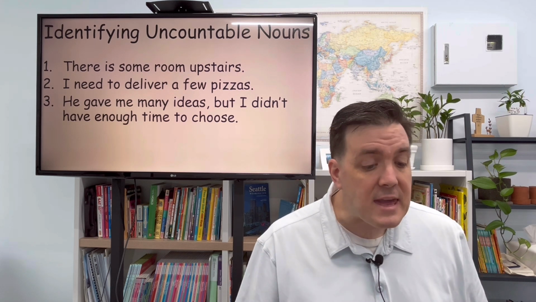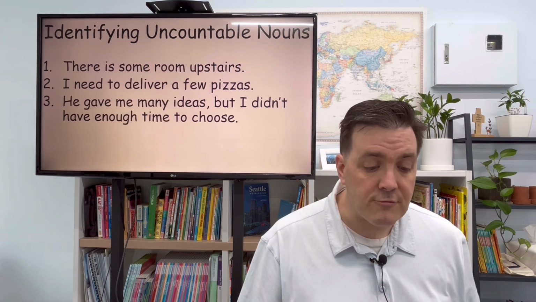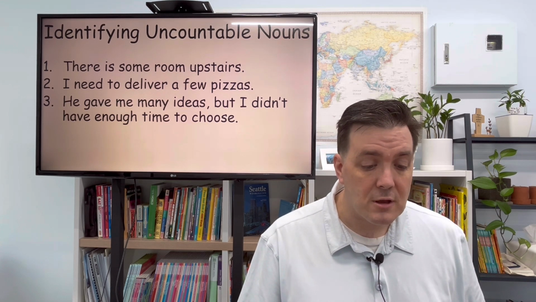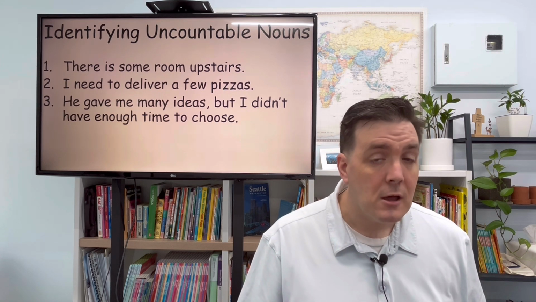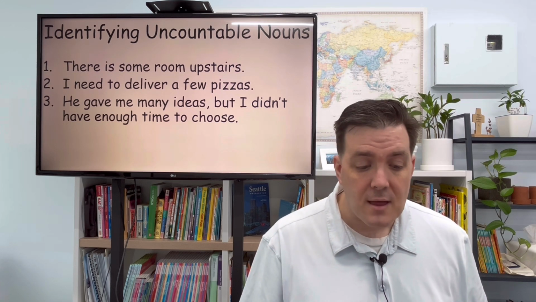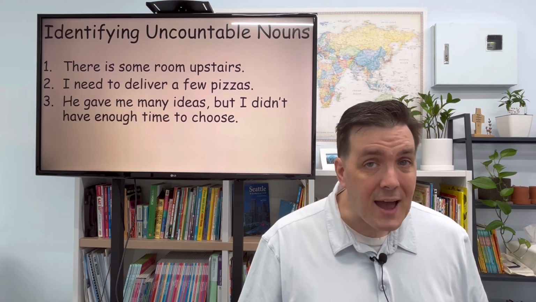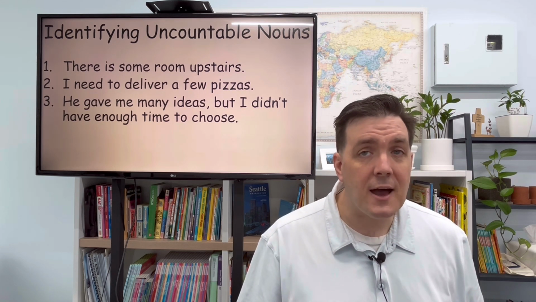Last, he gave me many ideas, but I didn't have enough time to choose. Well, what are the 2 nouns here? First, ideas. Ideas is plural, so it must be a countable noun. The other noun, though, is time, and I didn't have enough time.